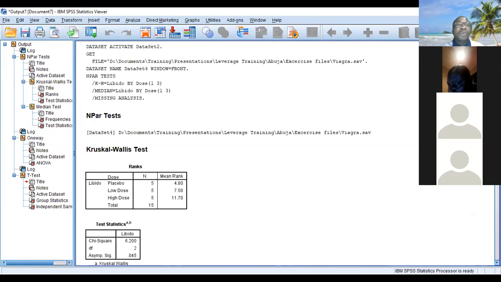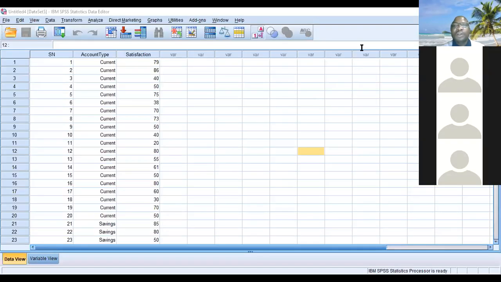How many of them work here? Okay, this one we use for this thing. Let me share another one. All those other ones we have done. Okay, this is the one we just did now.